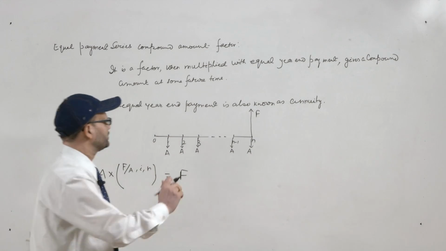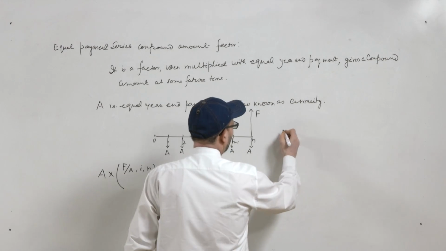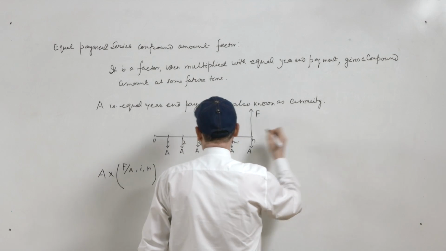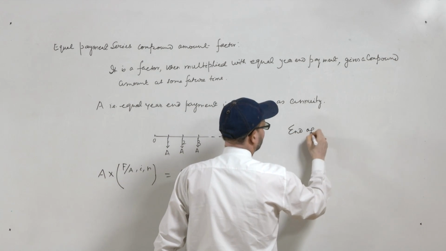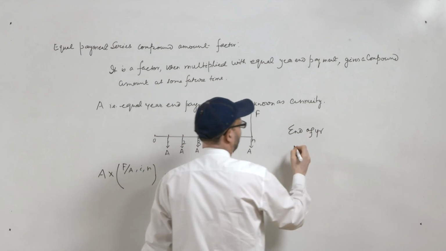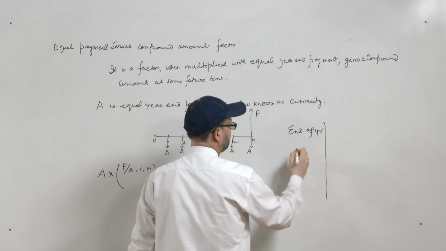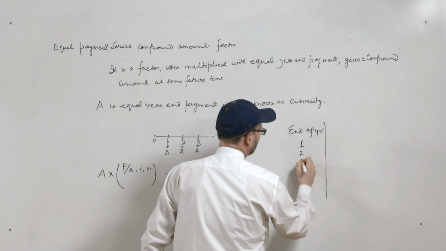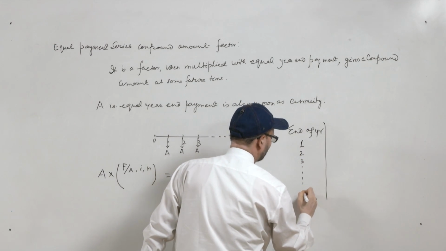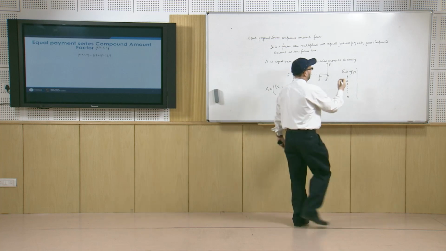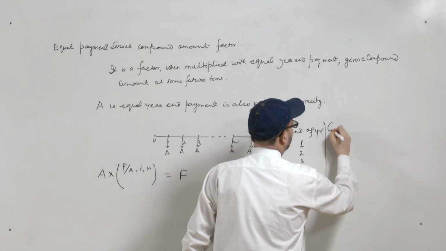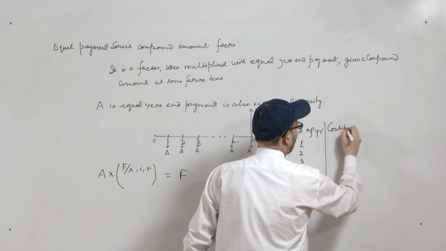So, what you can see in a nutshell, that the contribution is end of year 1, 2, 3, it goes up to n.